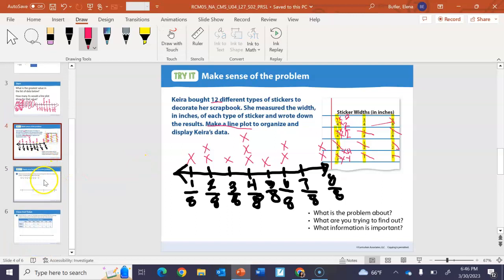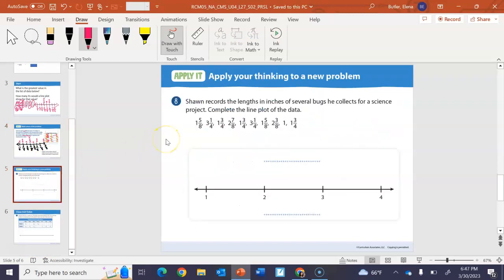All right, now we are on question number 8. So for question number 8, I want you to try and record the length of several bugs on the line plot. So for example, I have 1 and 5/8. If this is written in 8, I can actually make each individual plot right here into 8s.